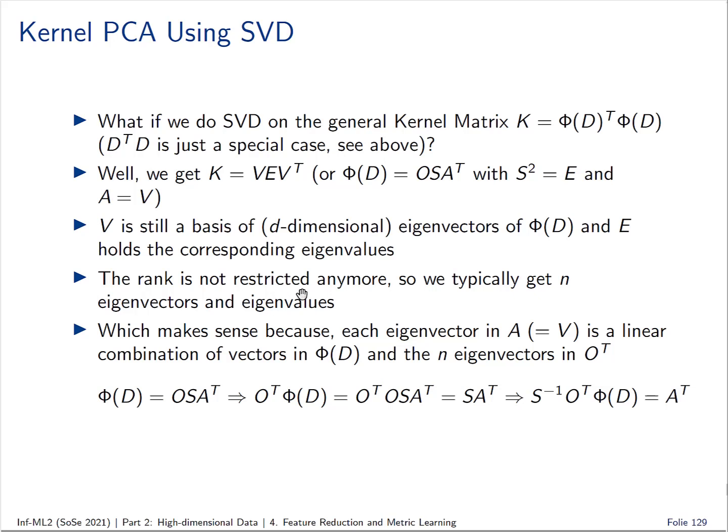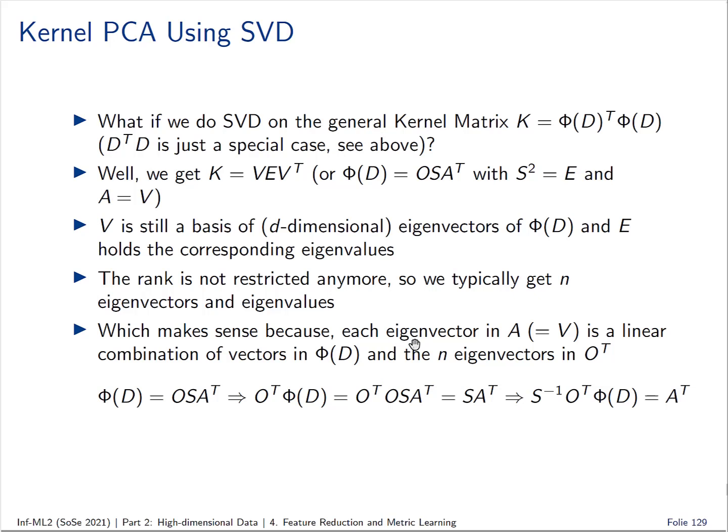That is a little bit unintuitive at first glance, but if you think about it and try to digest it, the rank of this matrix is not restricted anymore, so we typically get n eigenvalues and eigenvectors here.